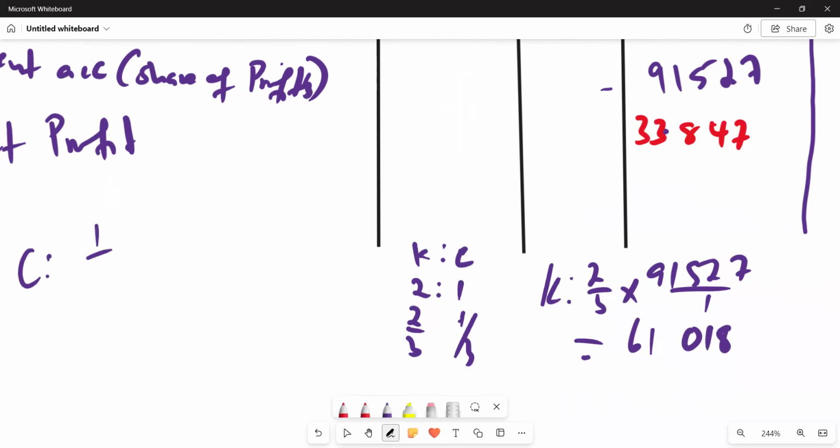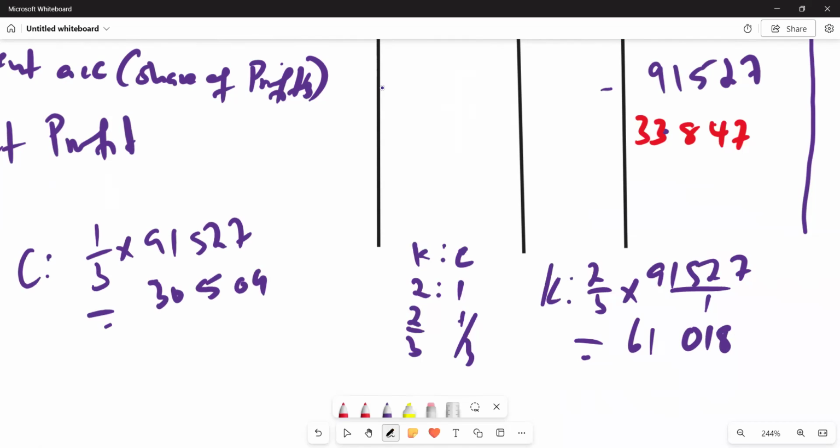And then we calculate for Corey. We are saying 1/3 times 91,527. You calculate it as such, and your answer is 30,509. So these are the figures that we are going to enter there.